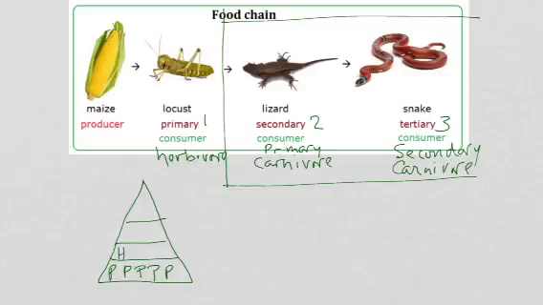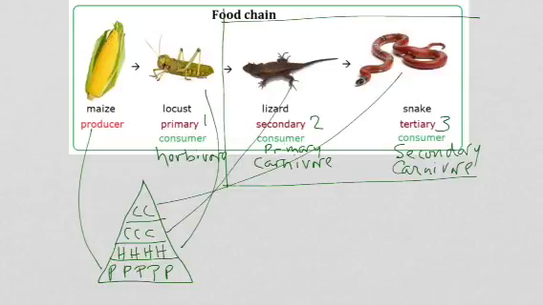Then we've got our herbivores, and we see that there are fewer of them. And then we've got our carnivores, our primary carnivores, and then our secondary carnivores. Okay? So each of these sections equates to a part on the actual chain.